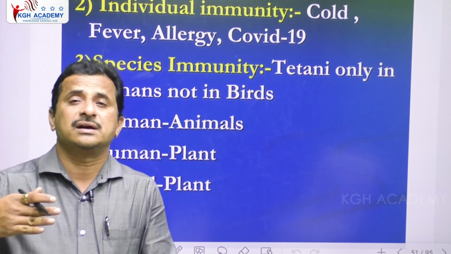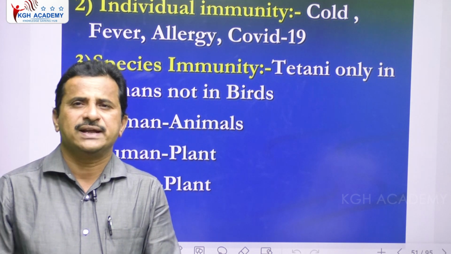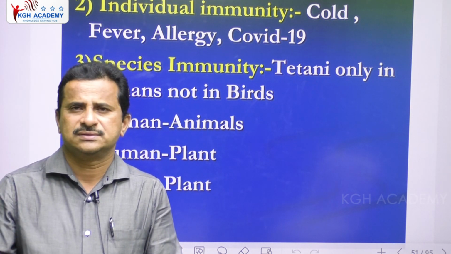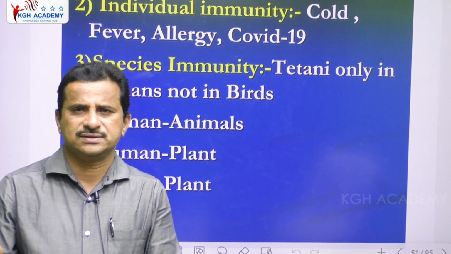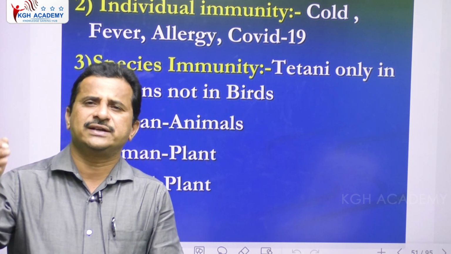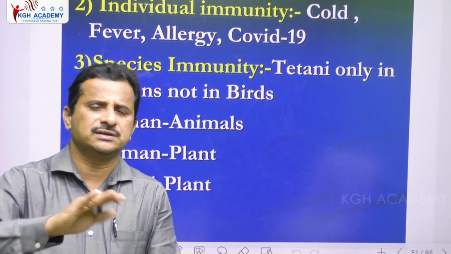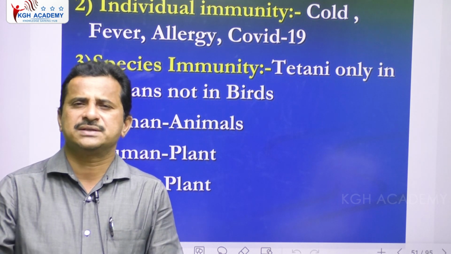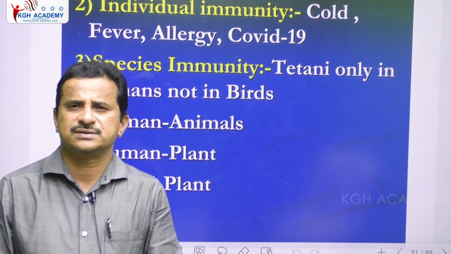Here resistance is different. For example, the same cold virus, rhinovirus, shows effect on one person but not on another. TB infects some persons, not others.